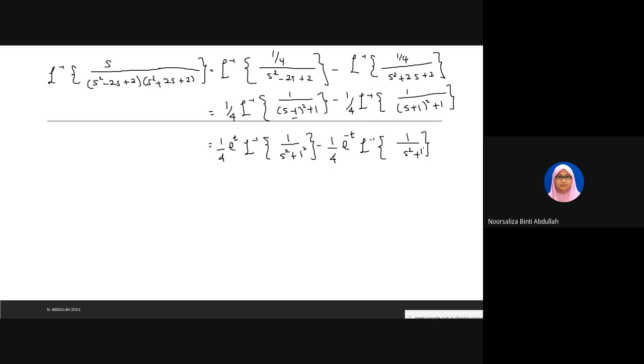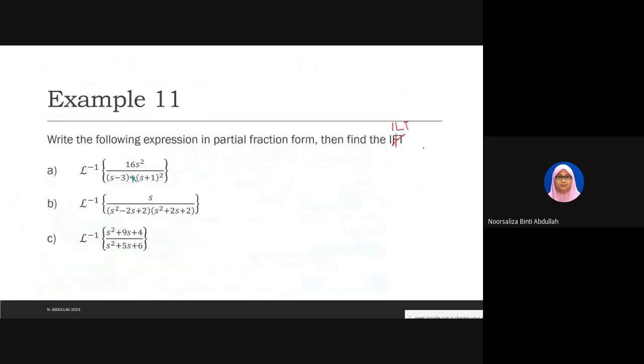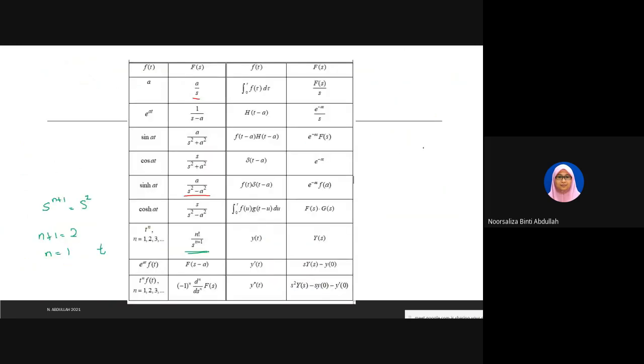Okay, so s square plus 1, you refer dekat table. Mana table saya ni? Okay, so refer dekat table ni. Okay, s plus 1, so s square plus 1 or s square plus a square.